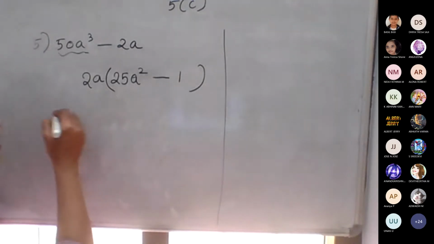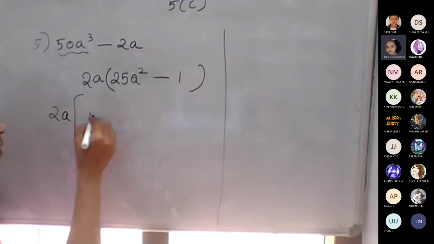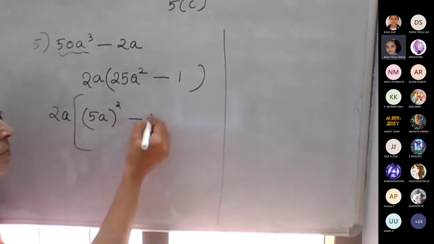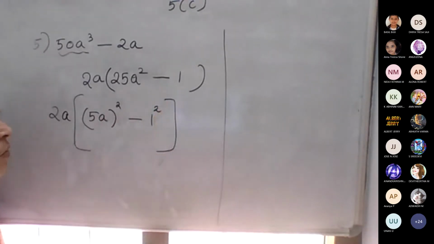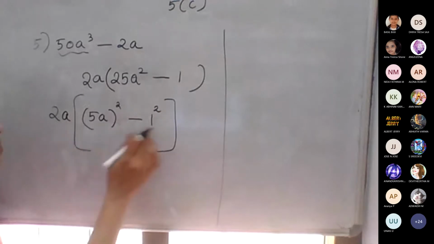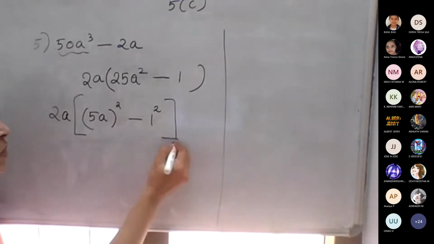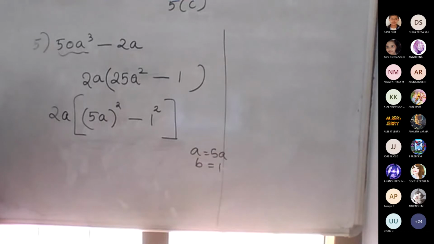Then next, rearrange. 25a square we can write as 5a the whole square, minus 1 square, which is 1 itself. This is in the form of a square minus b square, where a is equal to 5a and b is equal to 1. So 2a is already there.